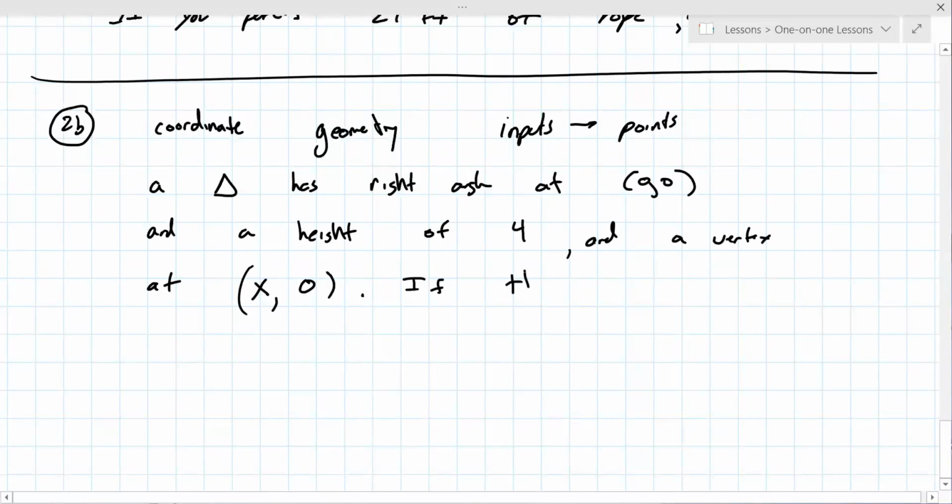If the area is 32, what is the value of x?